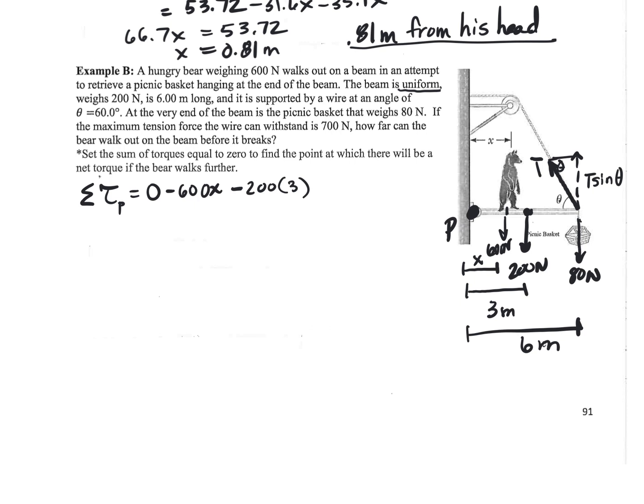The picnic basket will also cause it to go clockwise if we let go of that string, correct? So 80 times 6, and then we have that one thing that's going positive, the T sine theta. So that would be 700 sine of what? What did we say that angle was? Oh, angle is 60 degrees, so sine 60.